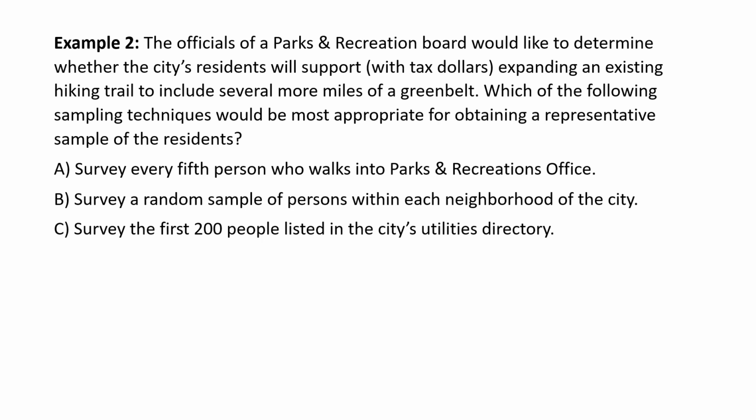Technique A, survey every 5th person who walks into the Parks and Recreation's office. Sampling method B, survey a random sample of persons within each neighborhood of the city. And sampling method C, survey the first 200 people listed in the city's utilities directory.